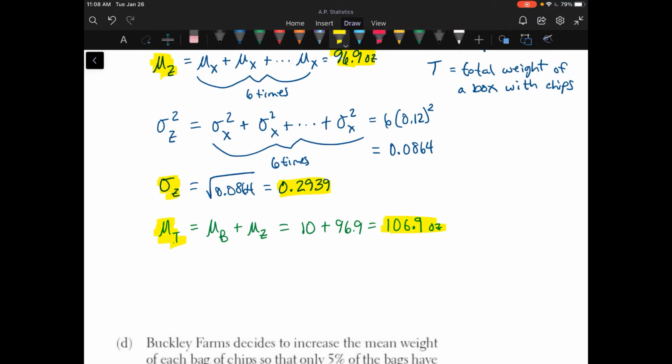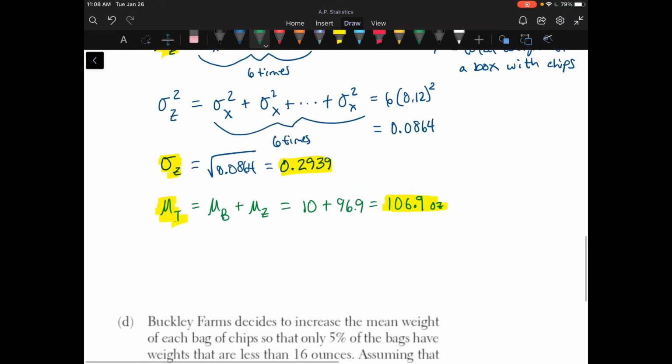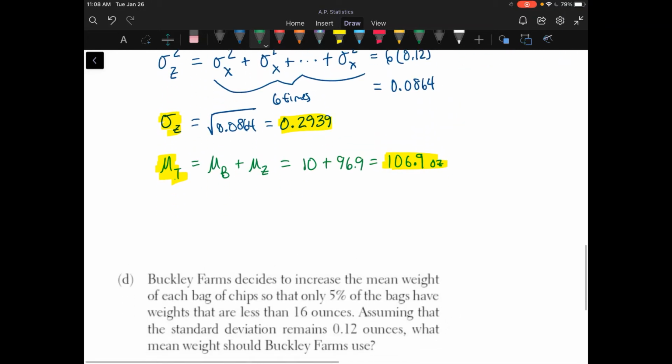And again, for standard deviation, we have to do the variances first. So the variance of T equals the variance of B plus the variance of Z. And we get 0.05 squared plus 0.0864, this number up here.